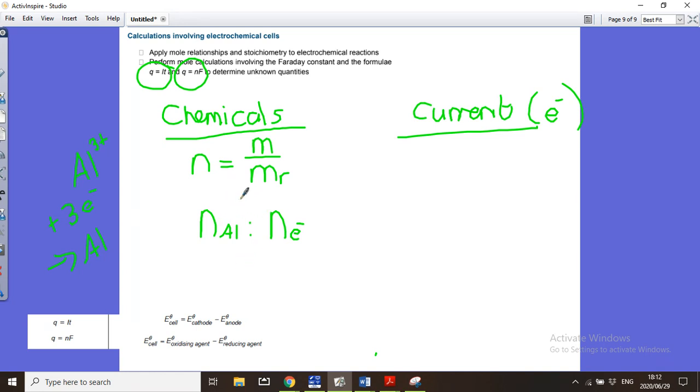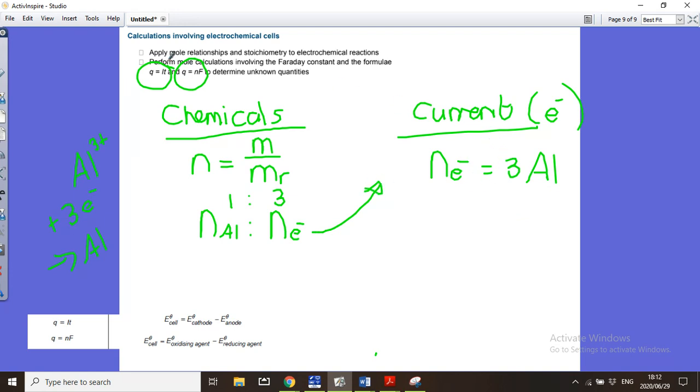My ratio of aluminium to electrons here is 1 to 3. So to get my moles of electrons, it's going to be 3 times the moles that I calculated for my aluminium. Normal stoichiometry.